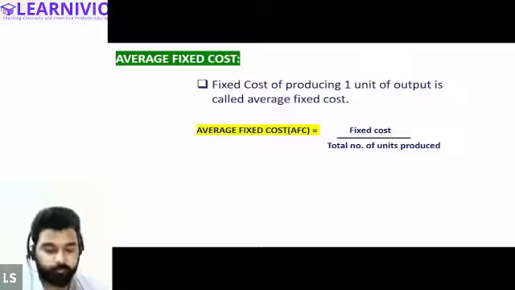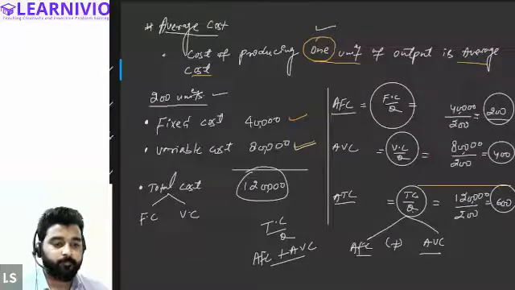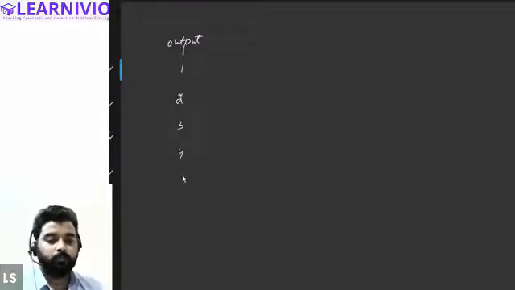Now, there is one important thing about the average fixed cost. Let's understand this on the note. Just a minute. So let's just talk about the average fixed cost. In order to do that, we will be taking values of the output. Let's assume these are the output: 1, 2, 3, 4, 5, 6.